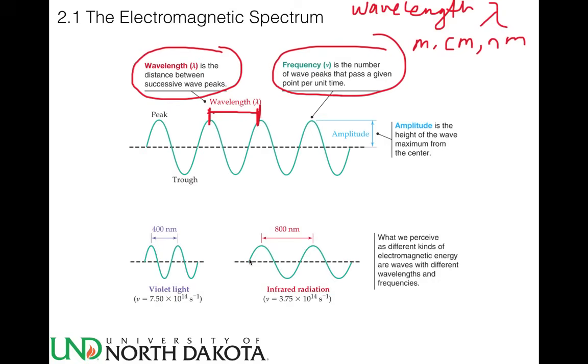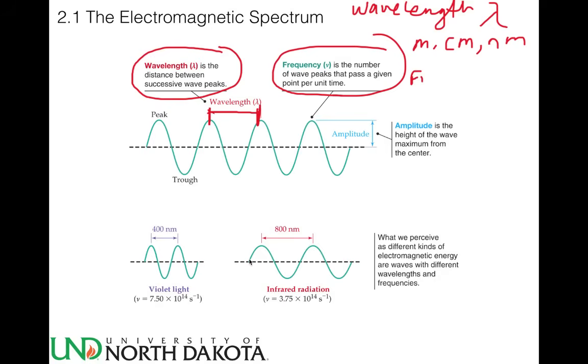Now, frequency is the number of wave peaks that would pass a given point per unit time. And the frequency is inversely related to the wavelength, so as wavelength increases, frequency decreases, and vice versa.